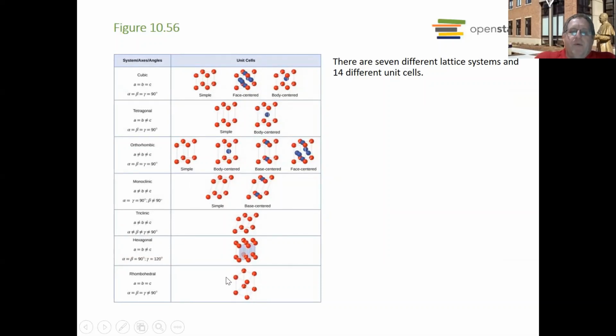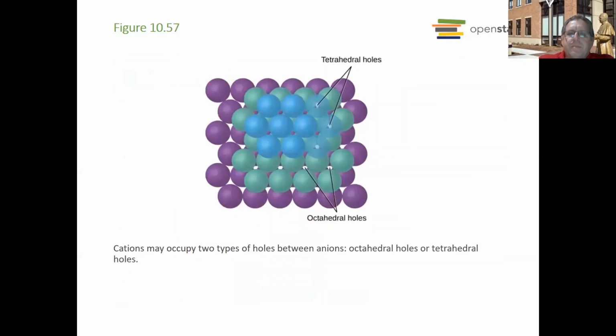There's actually a lot more than that, but looking at it very simply, the cubic, we have simple cubic, face-centered cubic, and body-centered cubic. These are which all the sides are equal to each other and all the angles are 90 degrees. And then you can see we get less and less ordered as we go until we end up with something like rhombohedral or triclinic, which doesn't have any angles or sides equal to each other.